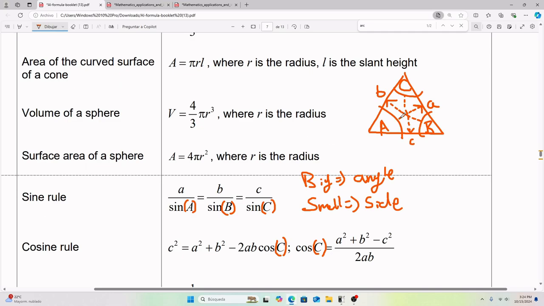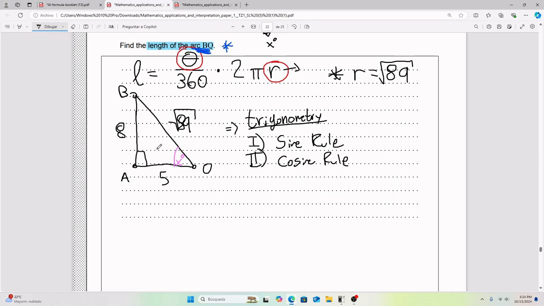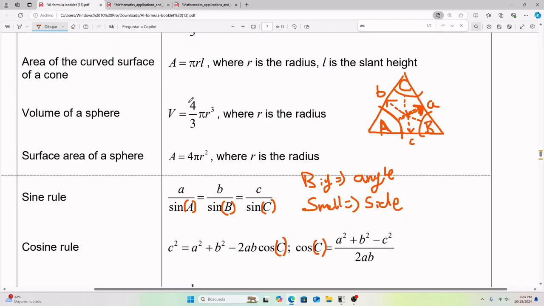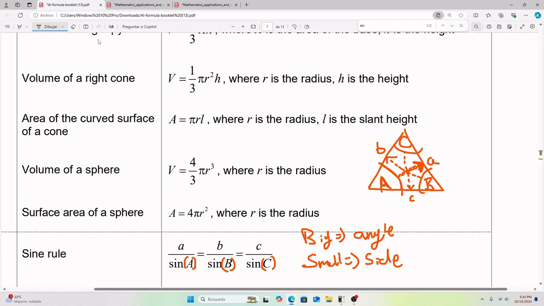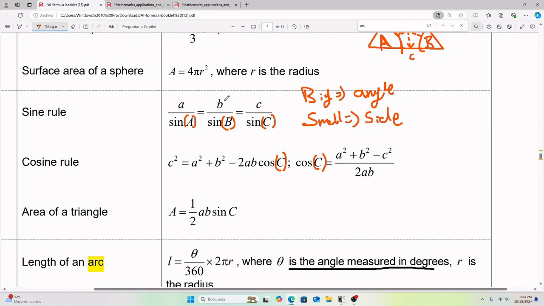So remember, you gotta see what's on the other side. Angle A has related to it whatever side is facing it. So in this case, angle X has the 8 facing it. So that means that following this formula here, ¿cierto?